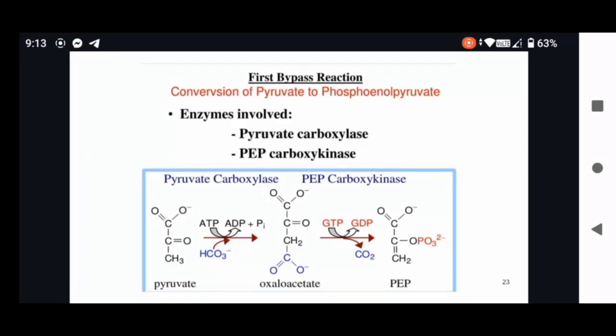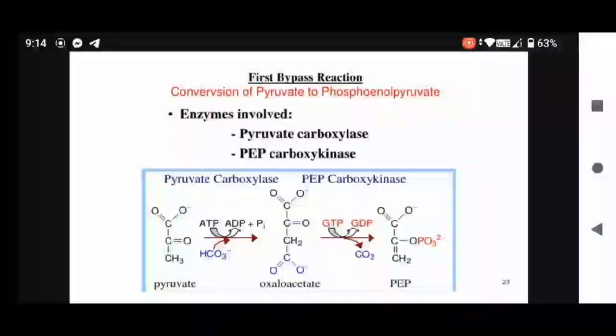The first bypass reaction: conversion of pyruvate to phosphoenolpyruvate. Enzymes involved are pyruvate carboxylase and PEP carboxykinase. This step bypasses the irreversible pyruvate kinase step in glycolysis and occurs in two enzymatic reactions, wherein pyruvate is first converted to oxaloacetate or OAA.